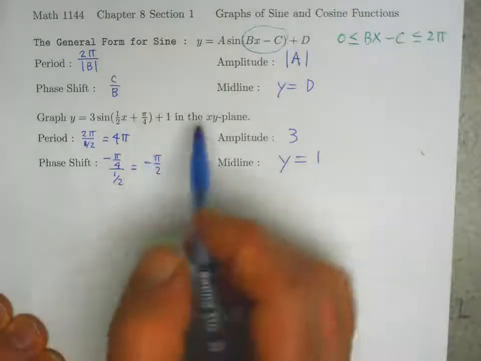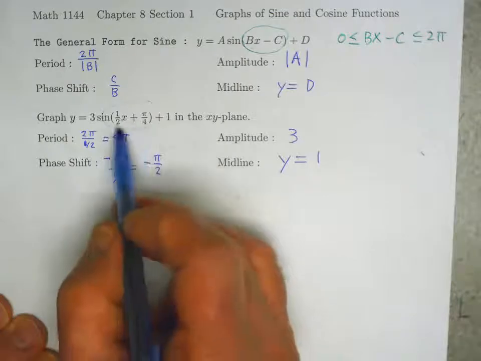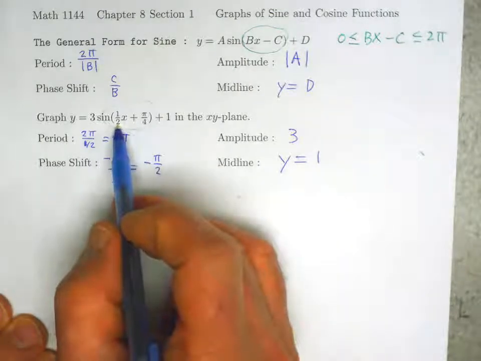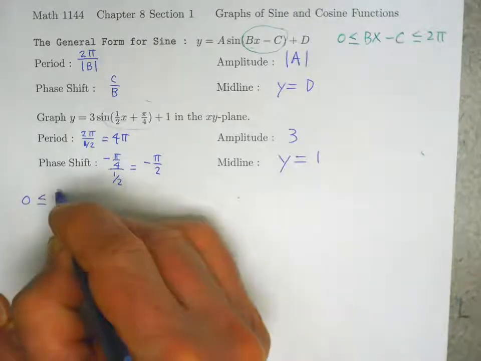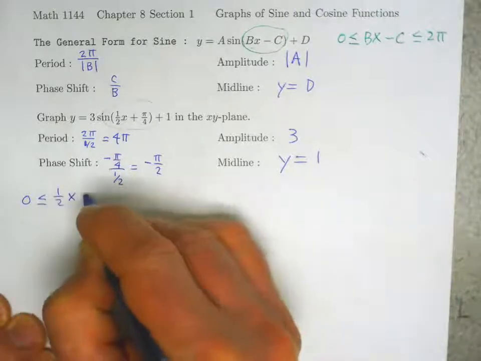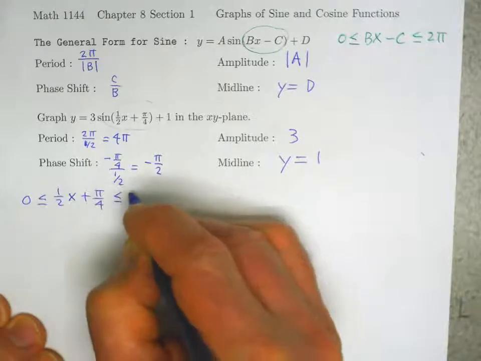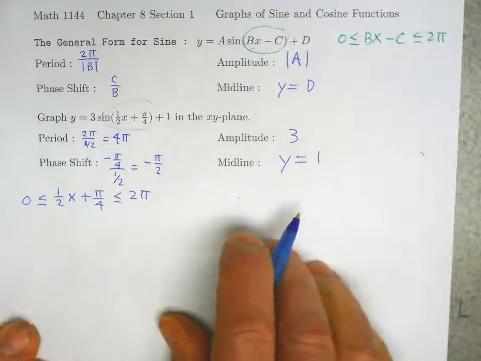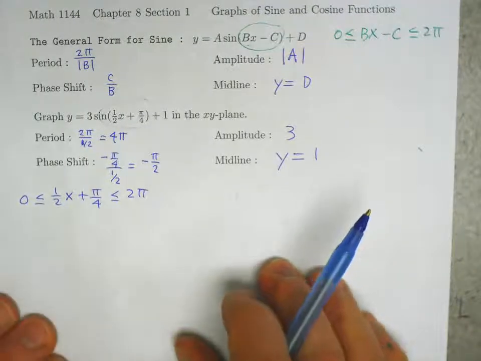Okay, but the alternative for finding period and phase shift, we have the sine of 1/2 x plus pi over 4. So if we write 0 is less than or equal to 1/2 x plus pi over 4 is less than or equal to 2 pi, we'll solve this inequality for x.